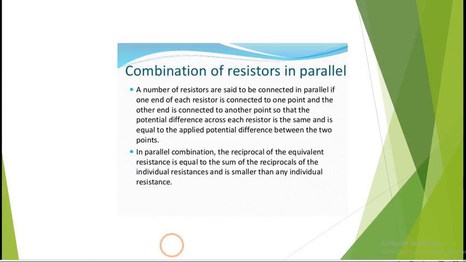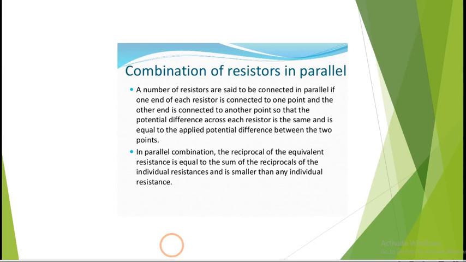Moving towards the next, combination of resistors in parallel. A number of resistors are said to be connected in parallel if one end of each resistor is connected to one end and the other end is connected to another end, so that the potential difference across each resistor is the same and is equal to the applied potential difference between two points.